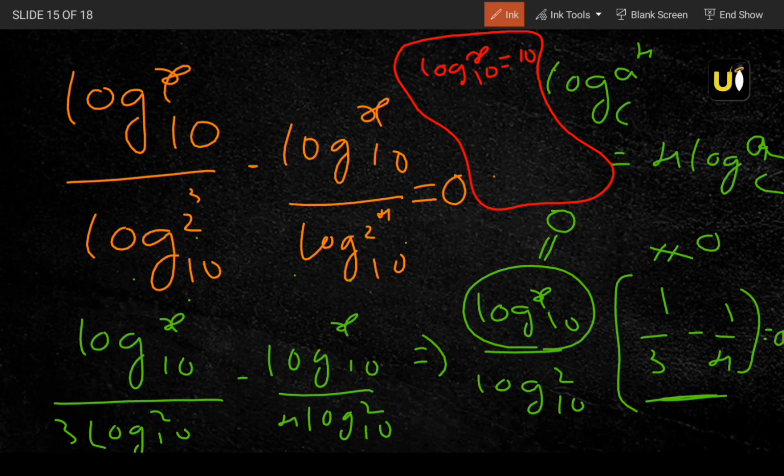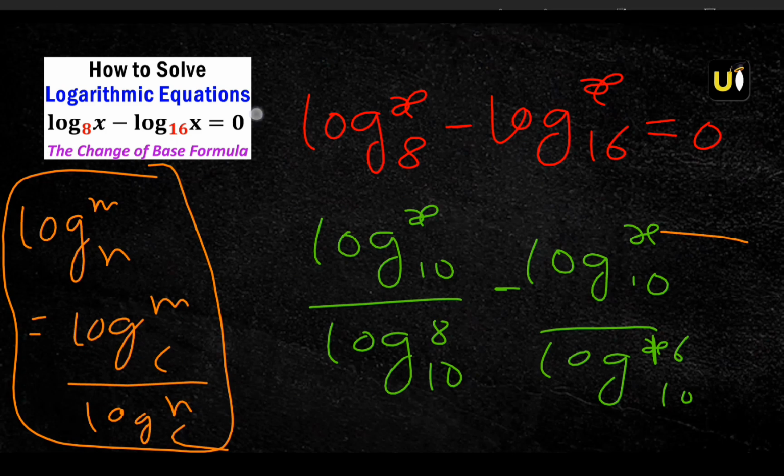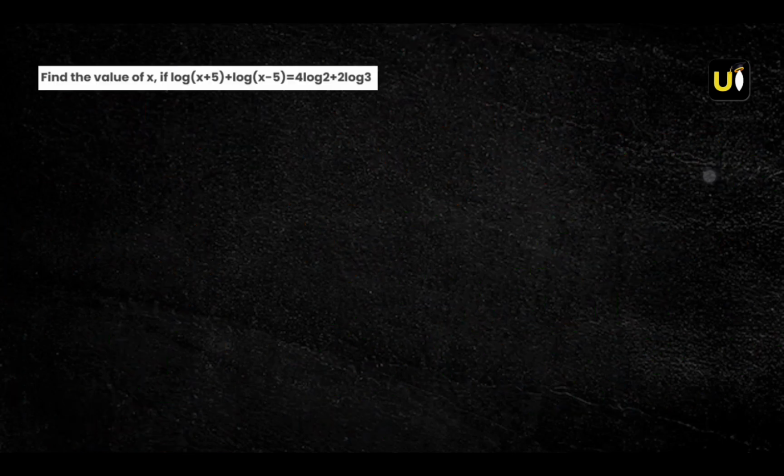Now converting this logarithmic form into exponential form, that means 10 power 0 is equal to x. Anything power 0 is 1, so x is 1. Okay, so for x equal to 1, this equation gets satisfied.